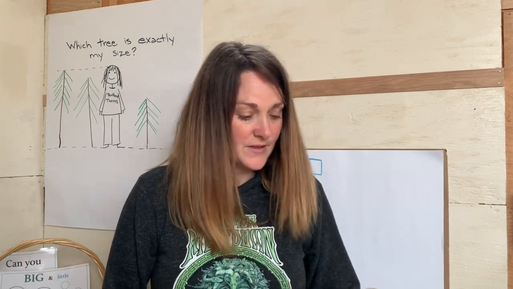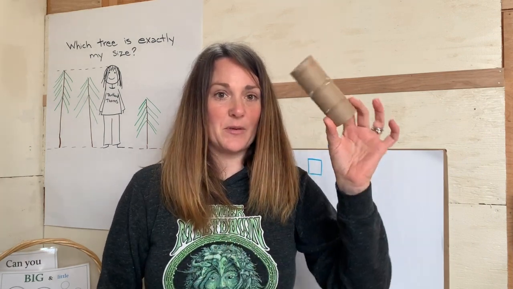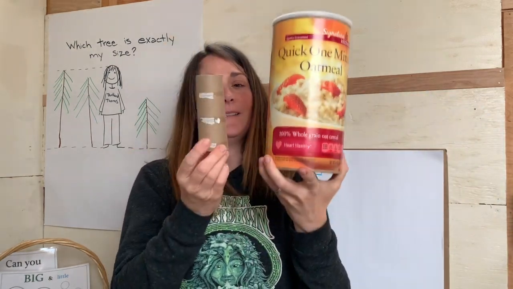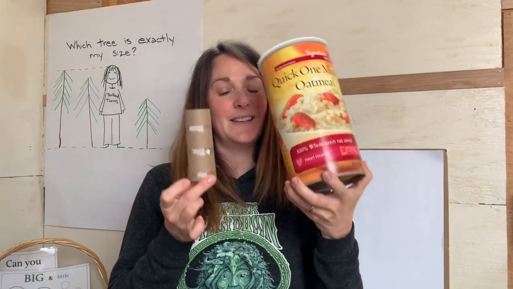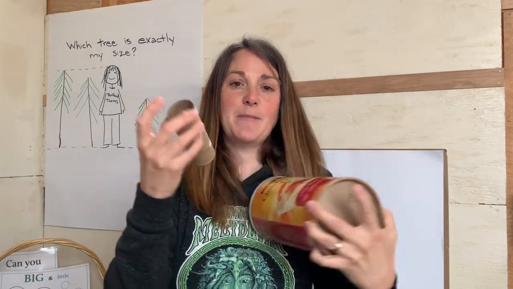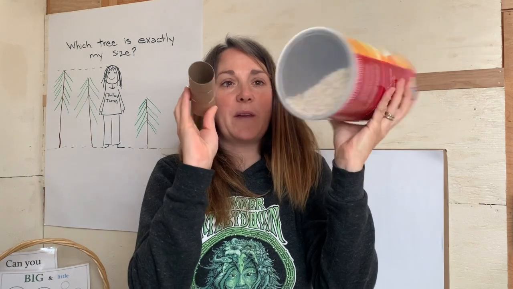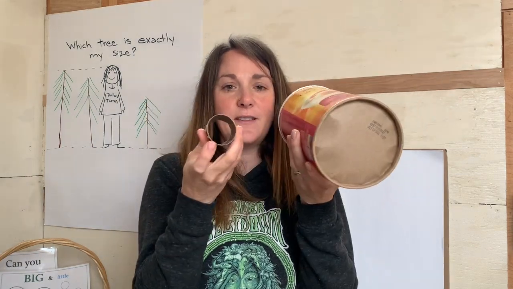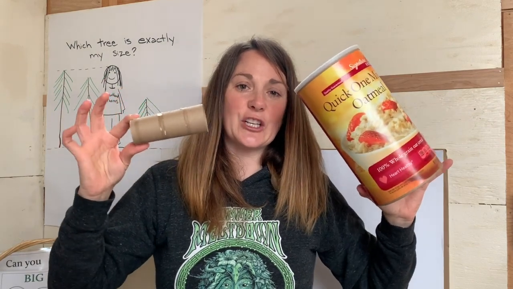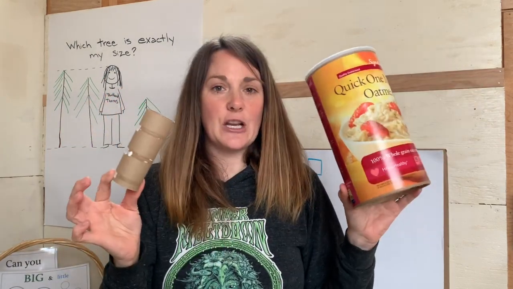How about the toilet paper tube and the oatmeal box? One's big, one's small, but they're still the same type of shape. Got circles on each end, and this shape is also called a cylinder.